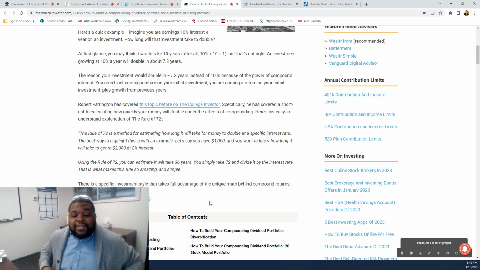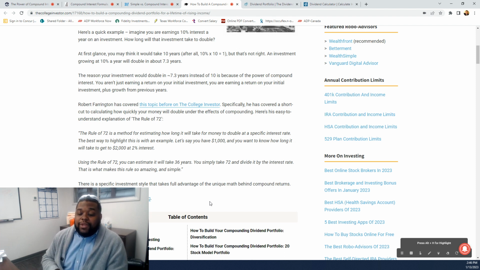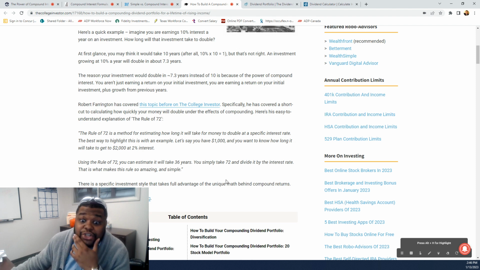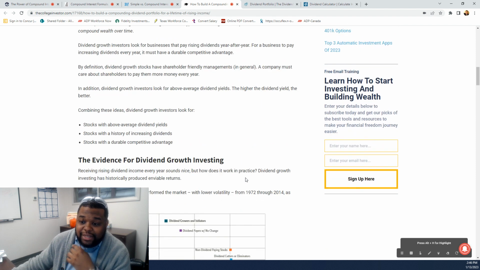That means that if you invest into Tesla, your money would double within a year and a half. That's crazy. So imagine if you deposit one time $10,000 and in a 10-year span have your money double every year and a half. That is crazy.